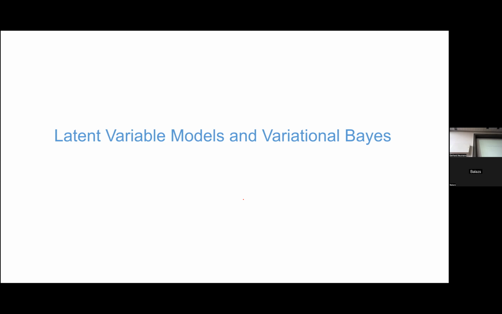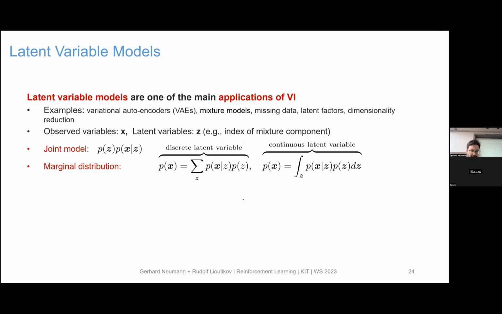That's exactly where we would use variational Bayes. We already have a lot of knowledge in variational inference, so it makes sense to look at this algorithm also and try to understand it, because latent variable models are the main application of variational inference. Examples would be variational autoencoders, mixture models, missing data, latent factors, dimensionality reduction.